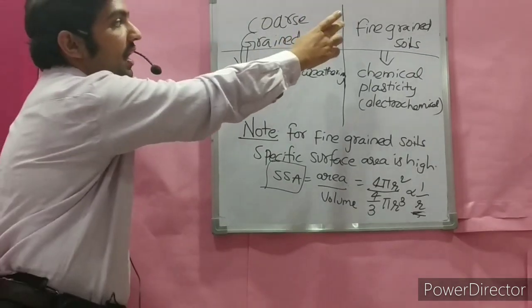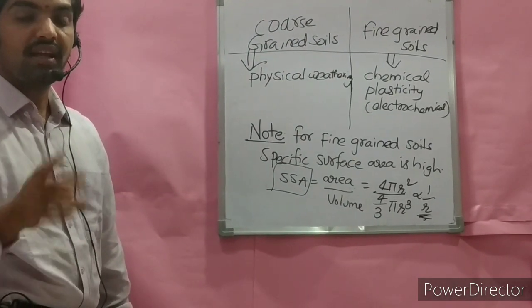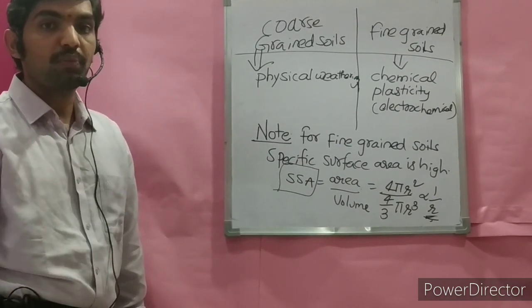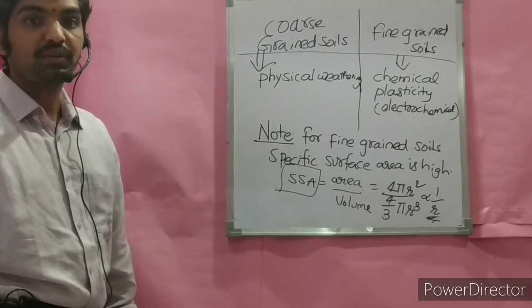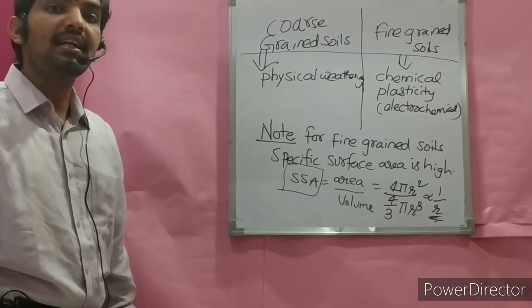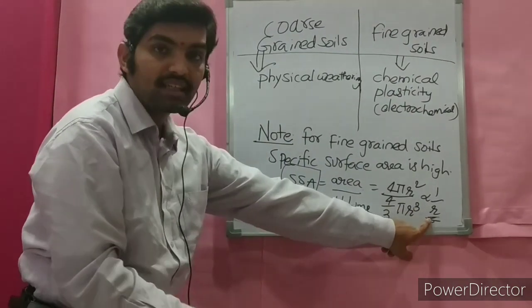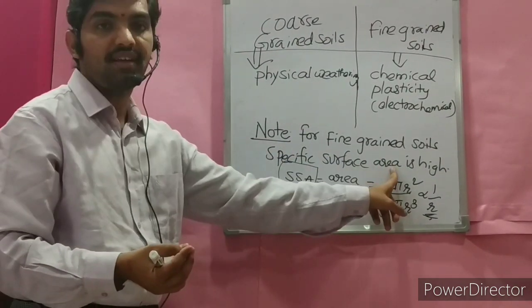Boulder, greater than 300 mm; cobble, 300 mm to 80 mm; gravel, 80 mm to 4.75 mm; sand, 4.75 to 0.075 mm; silt, 0.075 to 0.002; clay, less than 0.002. So clay, having the smallest size, has more specific surface area.